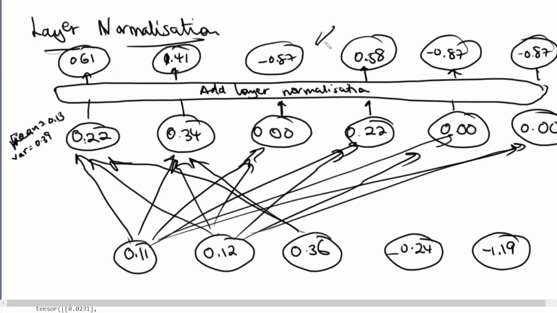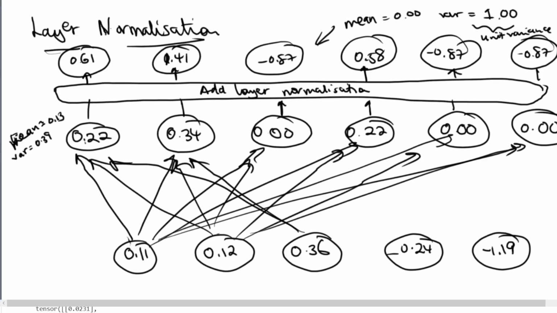Now when you look at this new layer, it has a mean equal to 0.00 with a variance equal to 1.0. This variance is also called unit variance. This improves our training mechanism and the stability and all of that.